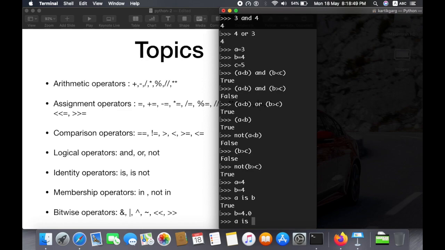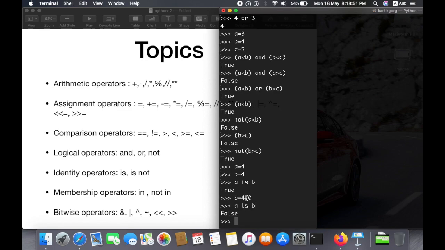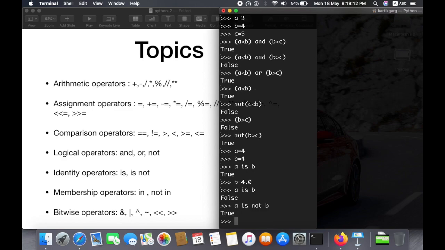Would it be same? Let's check. False, because int and float are not the same. We will talk about the data types in the next video, so don't panic right now. Now if I write is not, that is I am checking if a is not b, they both are not similar, being an int and a float, they both are not same and the condition is true, so output would be true.